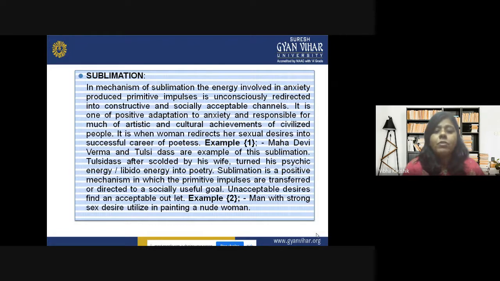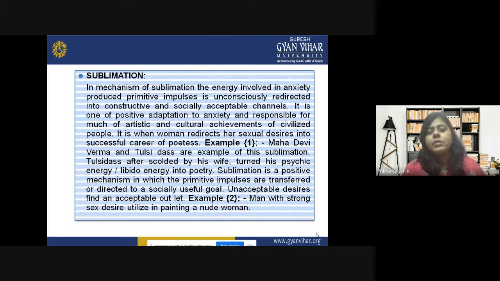Tulsidas, after being scolded by his wife, turned his psychic energy, his libido energy, into poetry. Sublimation is a positive mechanism in which primitive impulses are redirected to a socially useful goal.